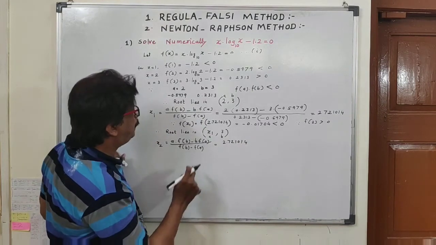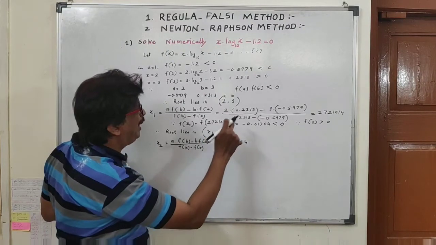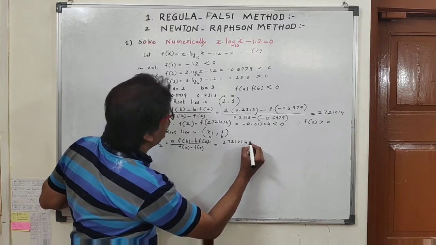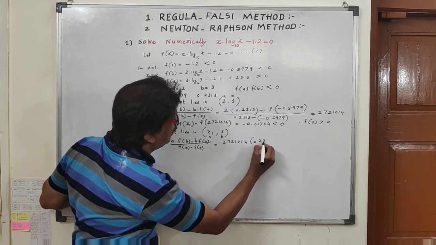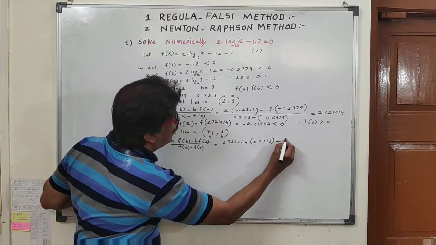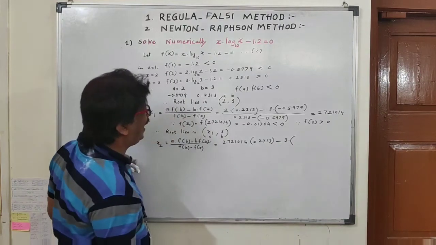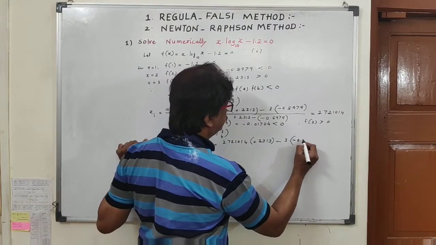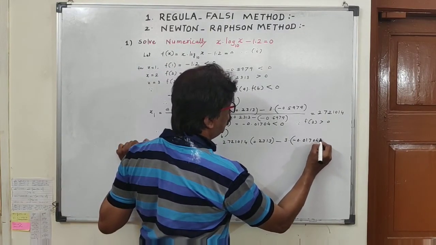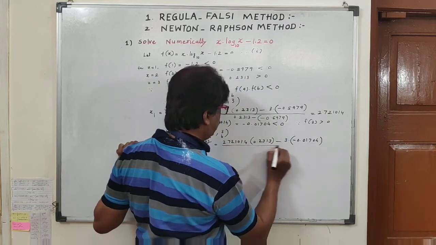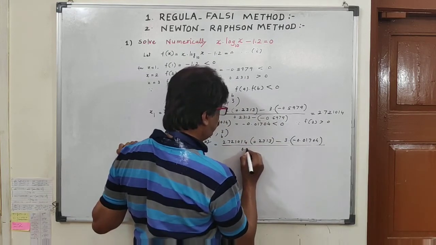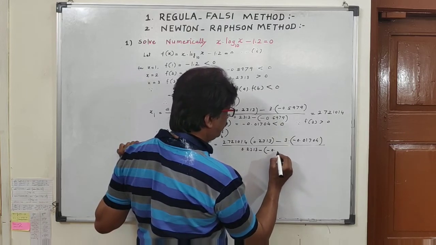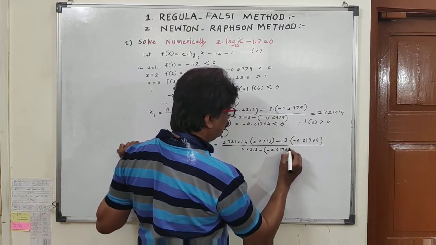This is A into f of B. f of B is f of 3. f of 3 is 0.2313, minus B, 3, into f of A. f of x1 is minus 0.01704, divided by f of B, 0.2313, minus 0.01704.